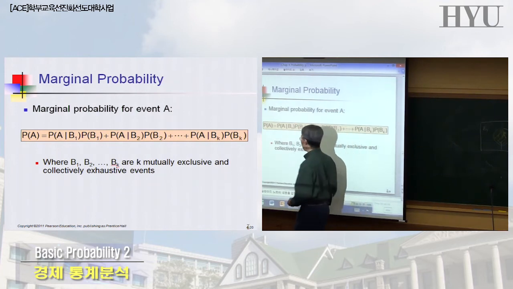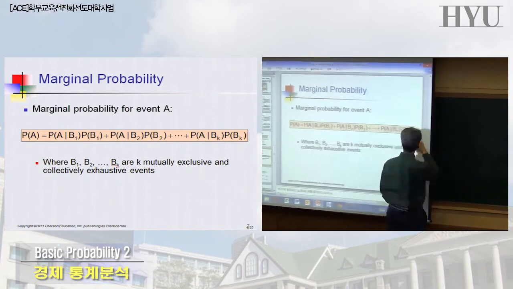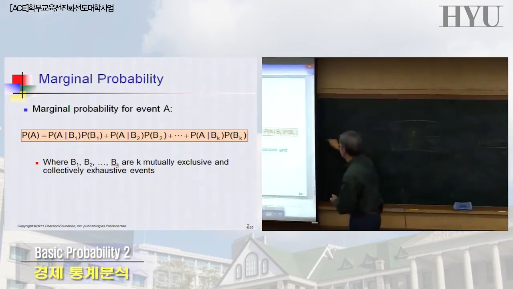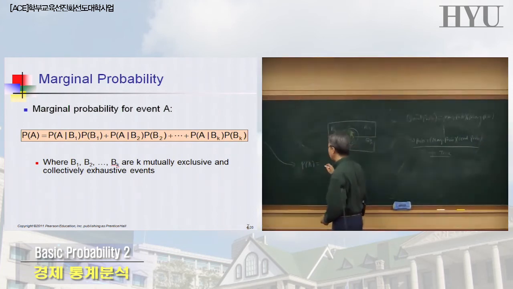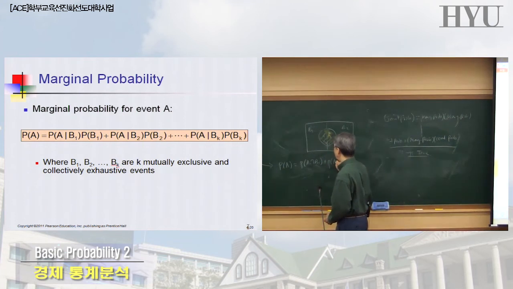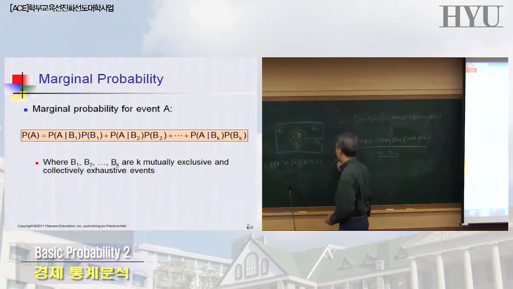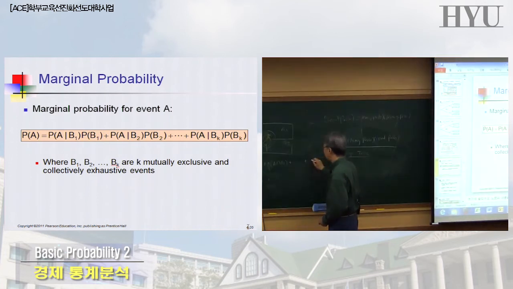So you can rewrite it as P(A joint B1) plus P(A joint B2) plus, up to whatever, P(A joint Bk).